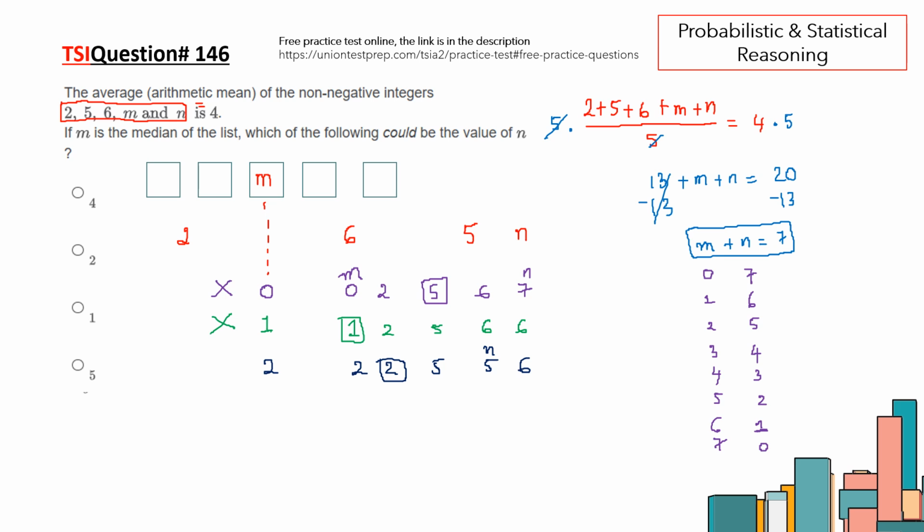So n equals 5 and m equals 2, but m is not at the middle. We want m at the middle position, so this one is not correct.